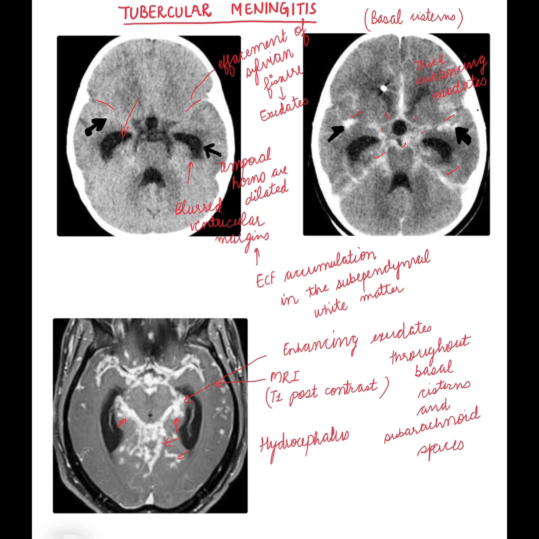So what are the complications? Number one is hydrocephalus. Number two is arteritis. What will happen after arteritis? It may result in ischemic infarcts.